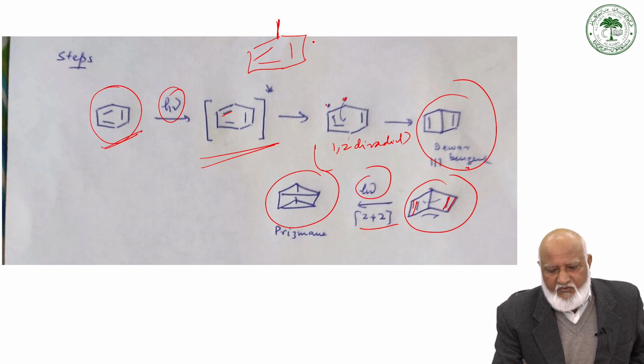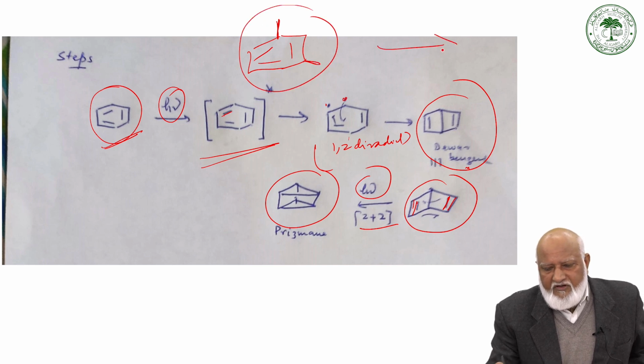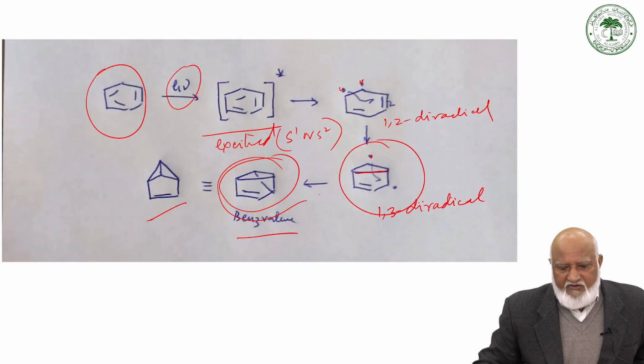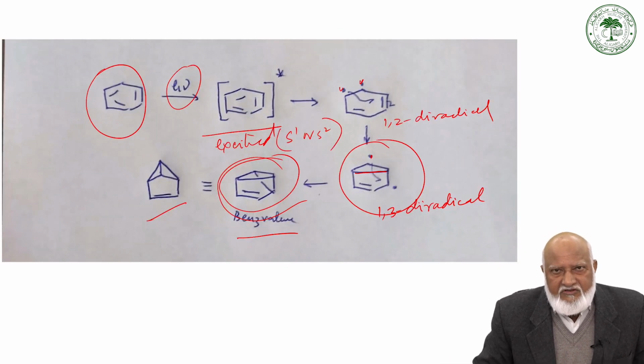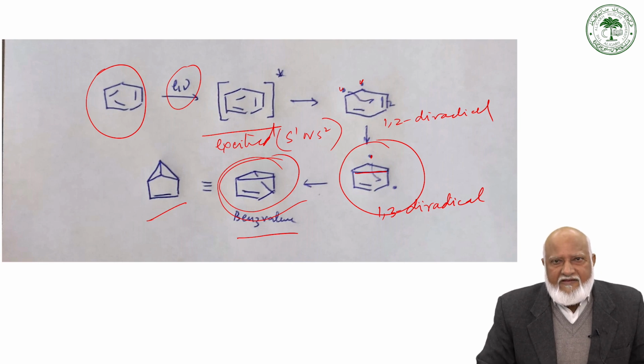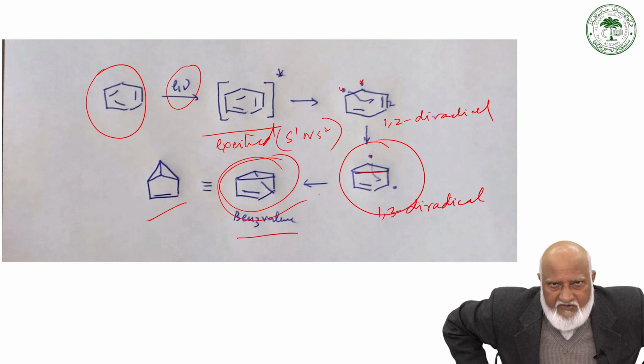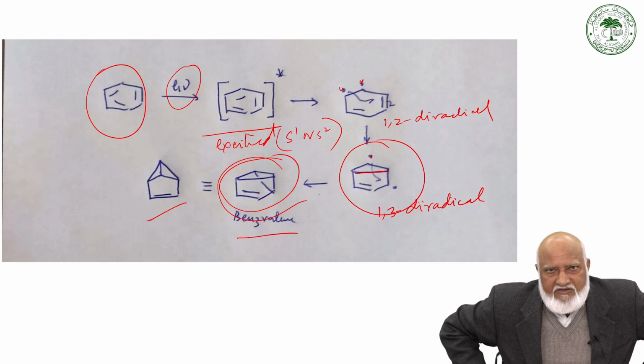Now if we have a substituent either at the 1,3 position or 1,2 position, what is the photoproduct? The next lecture deals with the photochemistry of substituted benzene, and we will see what photoproducts are formed. We'll see in the next lecture.